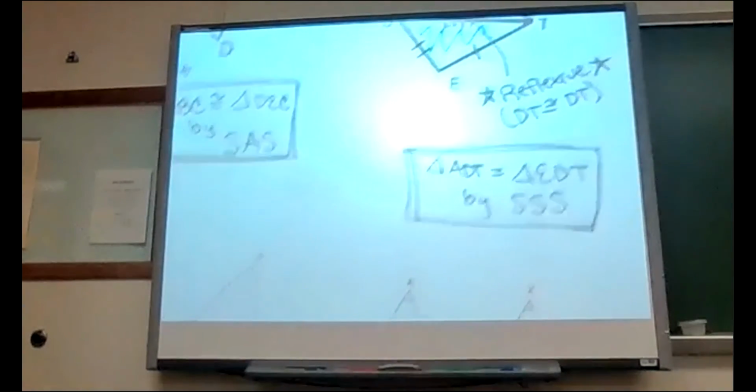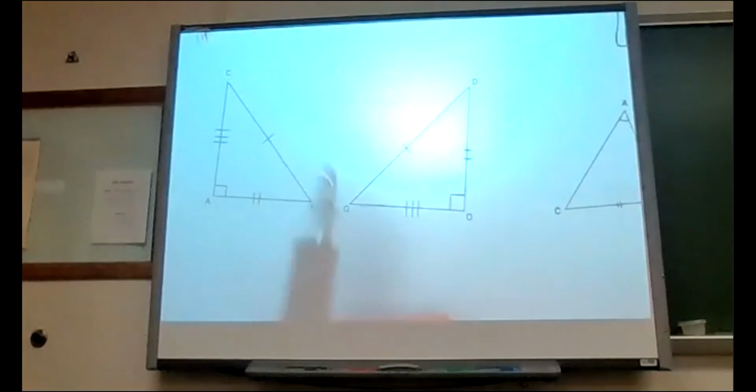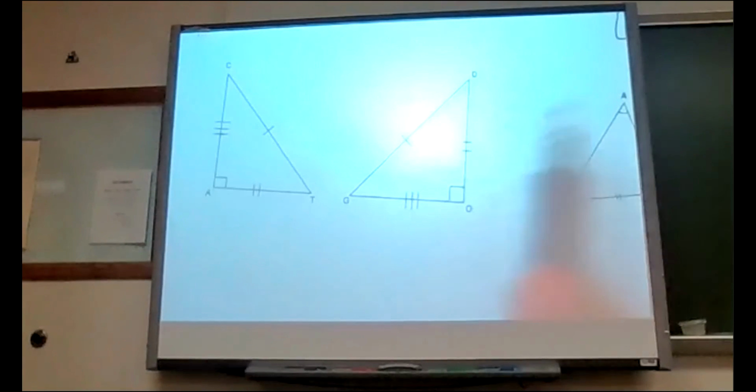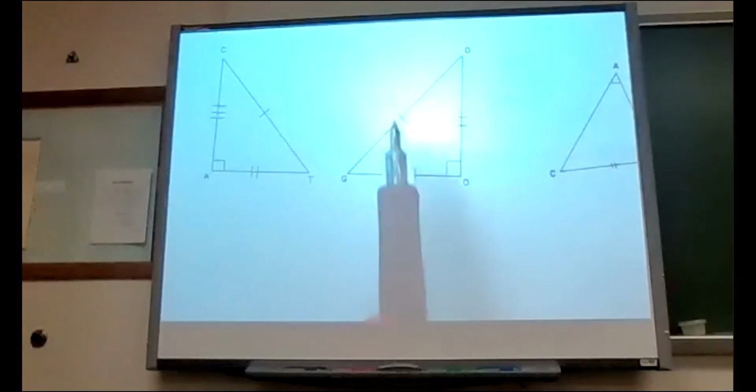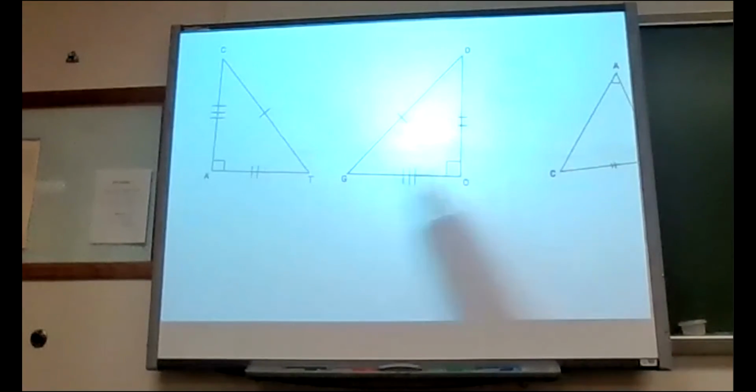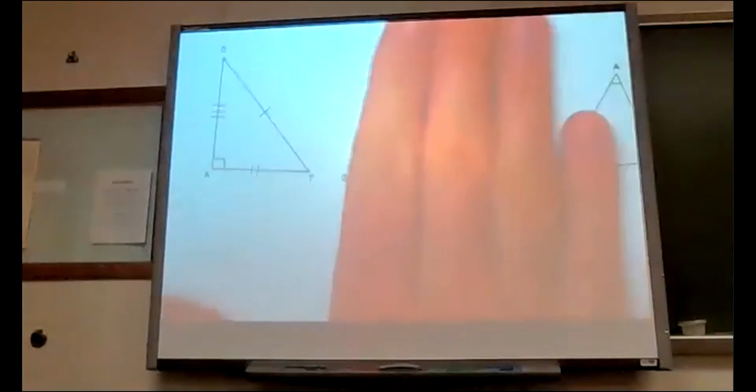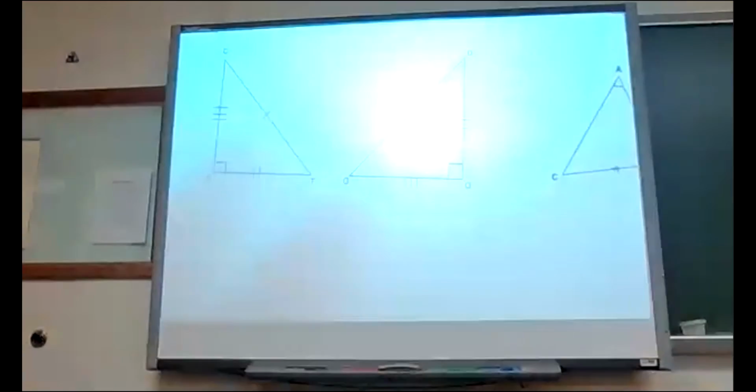Now our next one's quick and easy because it's all marked. I have three sides, so I could say that they're congruent by side, side, side, just because side here, side there, side there. Again, looking at one triangle, I have side, side, side.